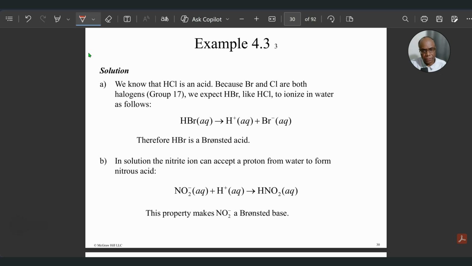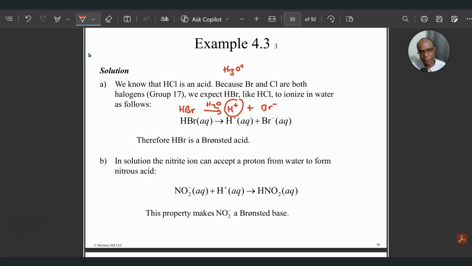So here the explanation goes in detail. You can see that HBr in water breaks down to give you H+. Someone else would say to give H3O+, but it just carries the proton H+ and the Br-.